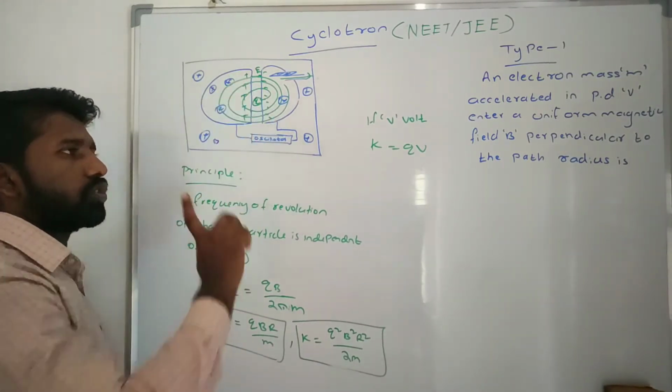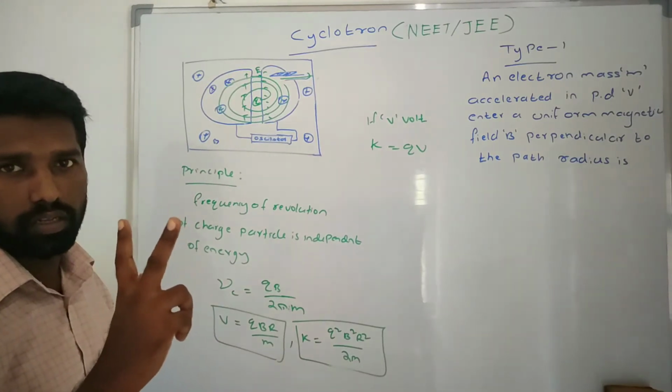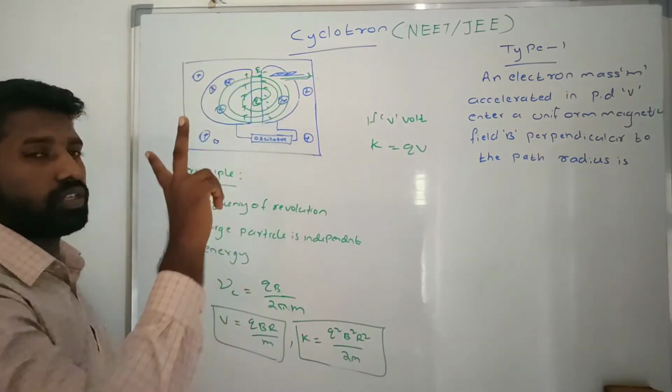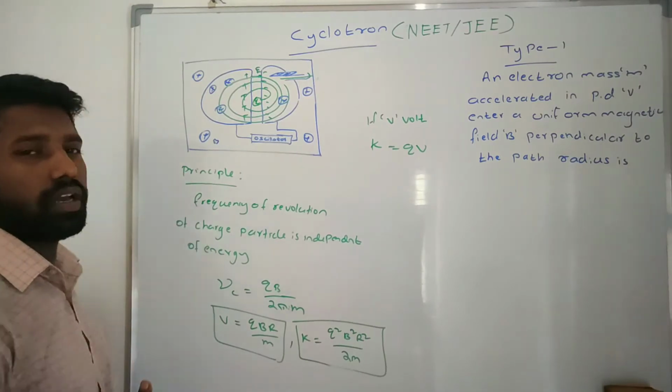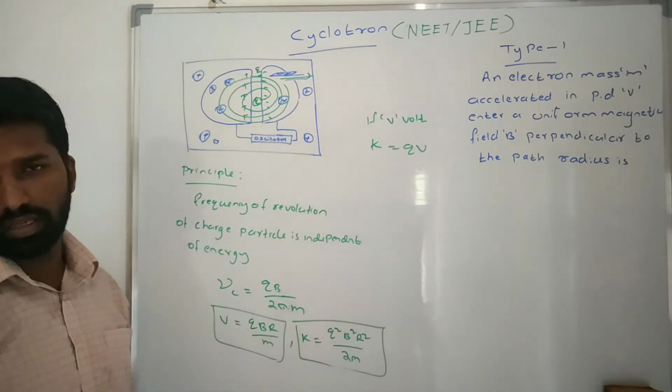In one revolution, the charged particle crosses the electric field 2 times, so it will get a kinetic energy of 2qV.